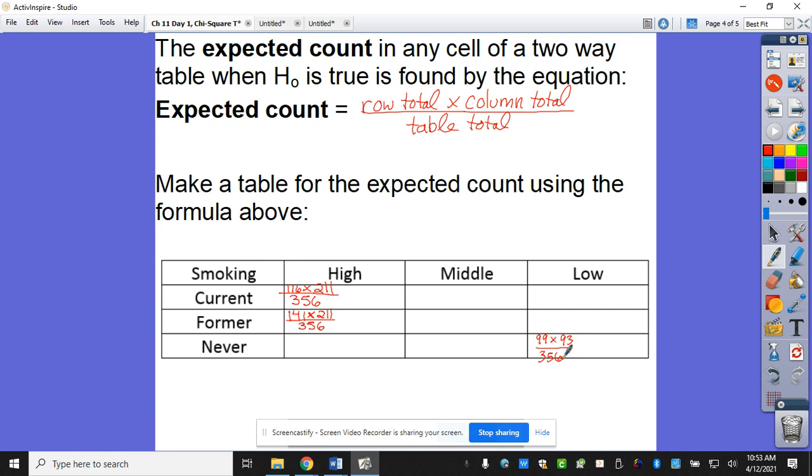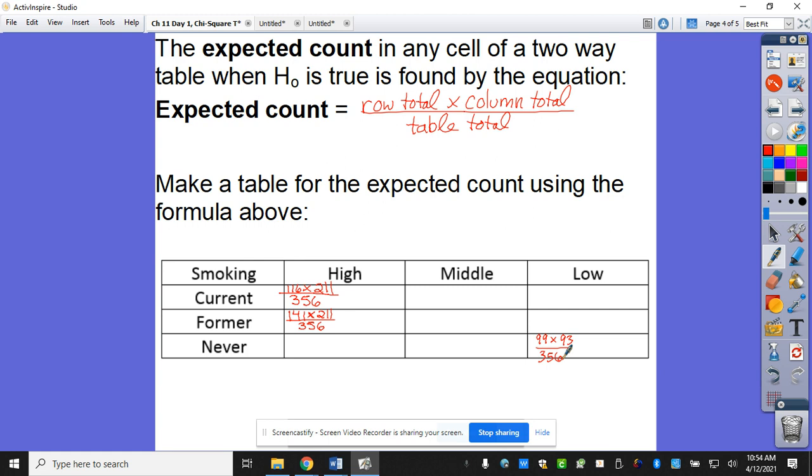So doing the math, and then we'll write it all in. Some of y'all started, I don't care. You guys do high and middle current. You guys do high and middle former.